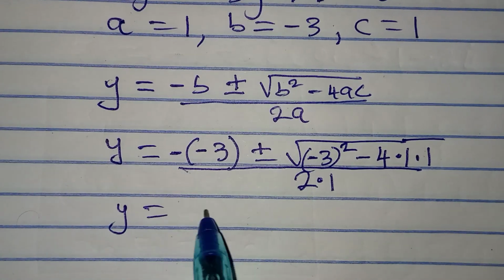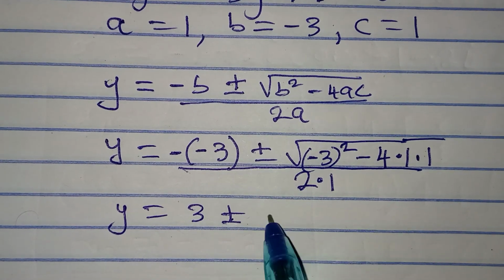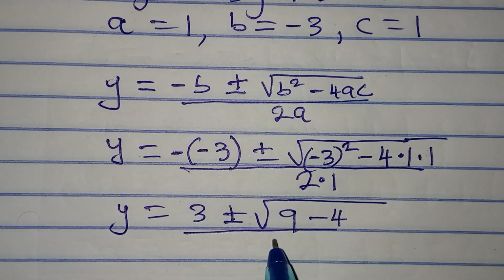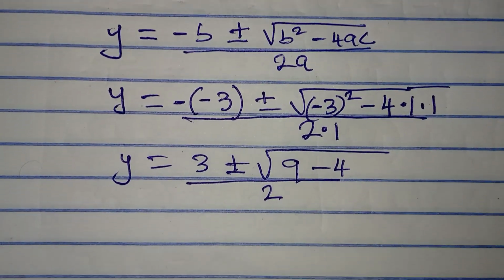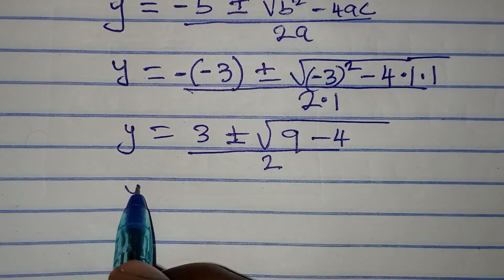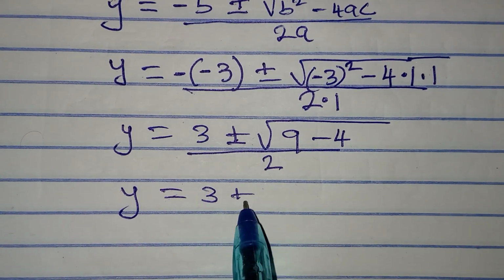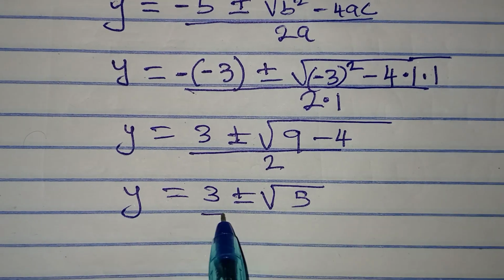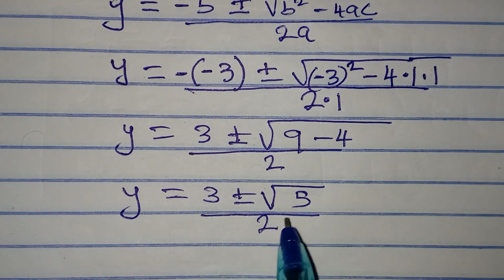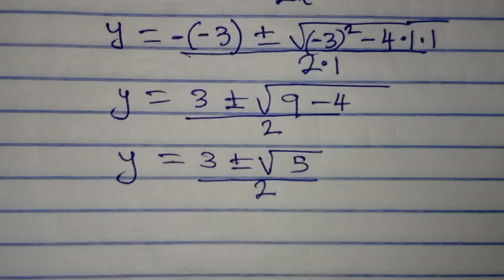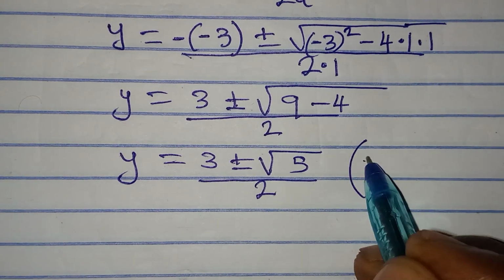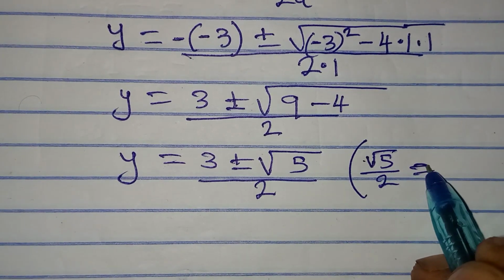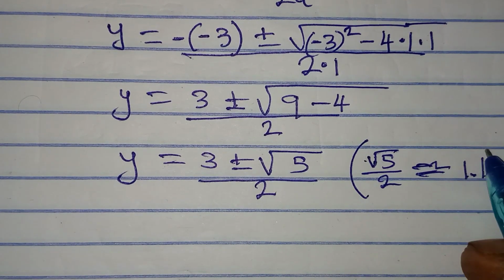And then y will be equal to 3 plus or minus, I have 9 minus 4, and this is over 2. So if I continue from here, then I have y to be equal to 3 plus or minus square root of 5, right? And this is over 2. And then at some point, we were told that square root of 5 divided by 2 is approximately equal to 1.1, right?